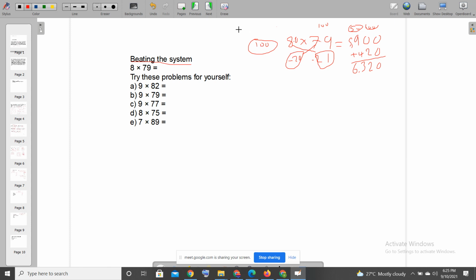Remember, what decimal point are we having? 1. So we have to do that. So you stand here and move 1 decimal. So now the answer will be 632.0. Okay, so this is the answer when we multiply this by this.